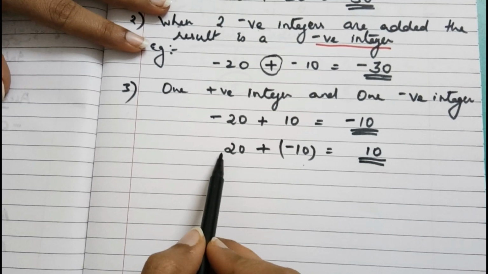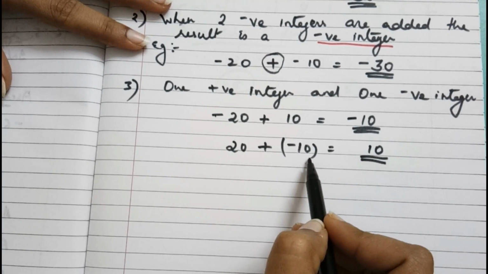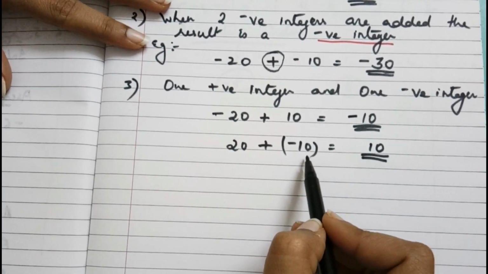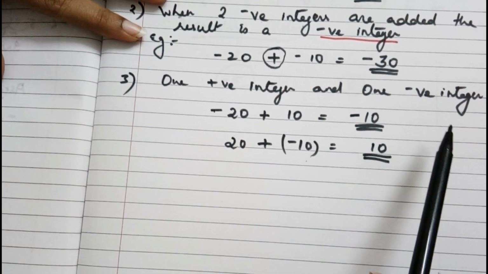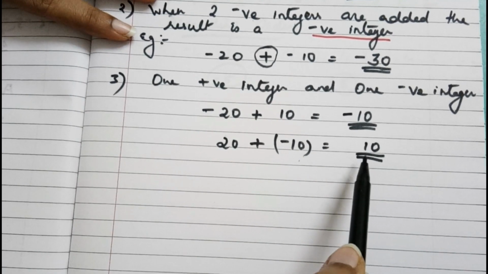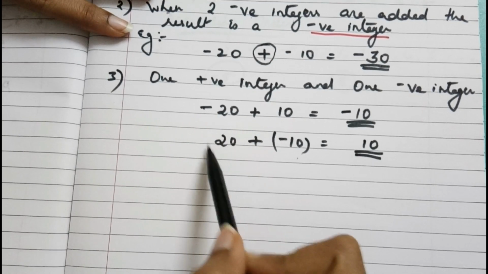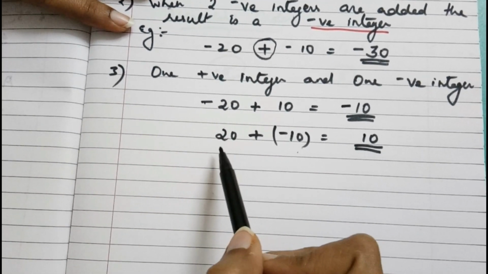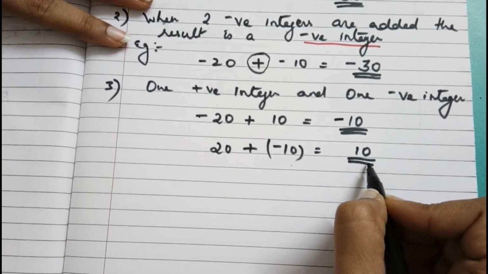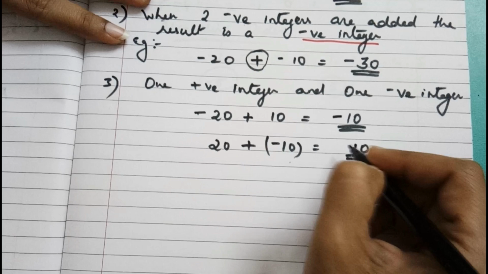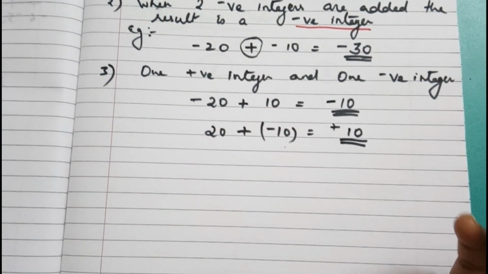Reason being, the bigger number here has a positive sign and the number 10, which is the smaller number, has a negative sign. And as I told you earlier, when there is one positive integer and one negative integer, we need to take their difference and put the sign of the bigger number. So since 20 is the bigger number here and it has a positive sign, our answer would be the difference of these two with the sign of the bigger number. Now since it is a positive integer, you can put a positive sign or you can just write 10, both are the same.